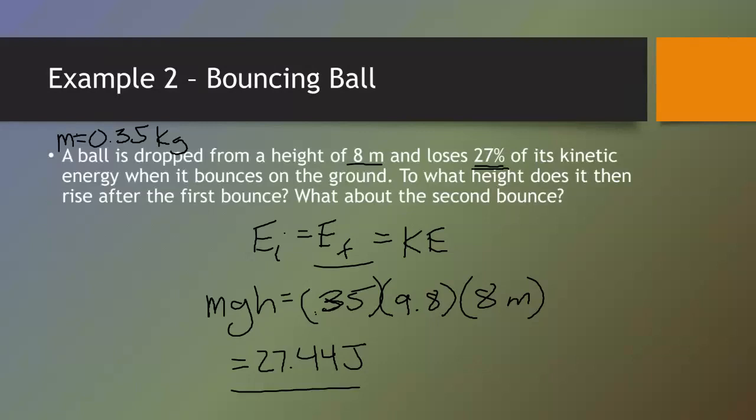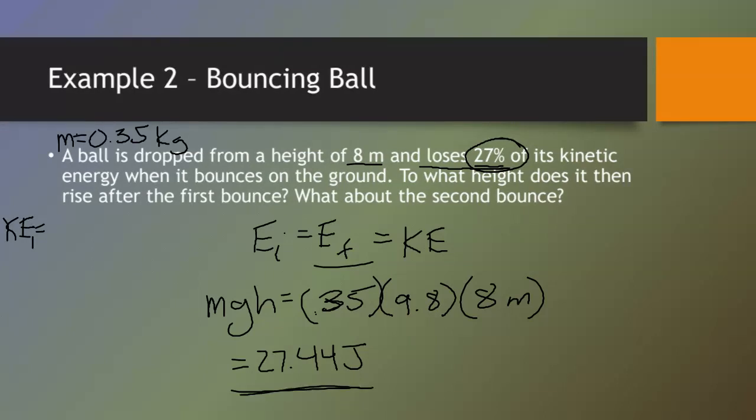All of this potential energy becomes kinetic energy just before the bounce. During the bounce, it loses 27%. And so after the first bounce, the kinetic energy after one bounce is going to be 73% of 27.44.